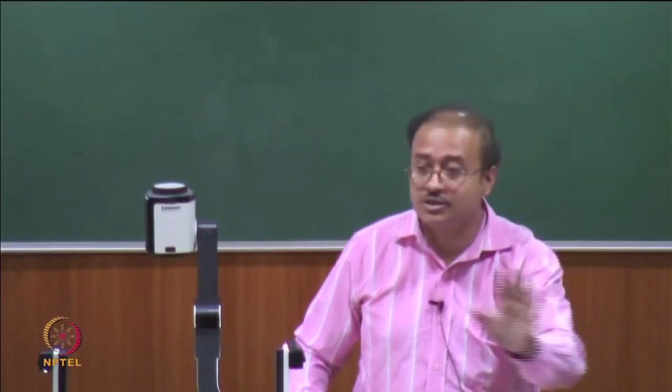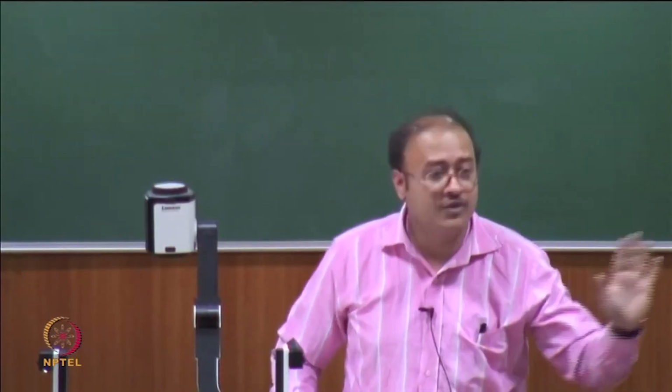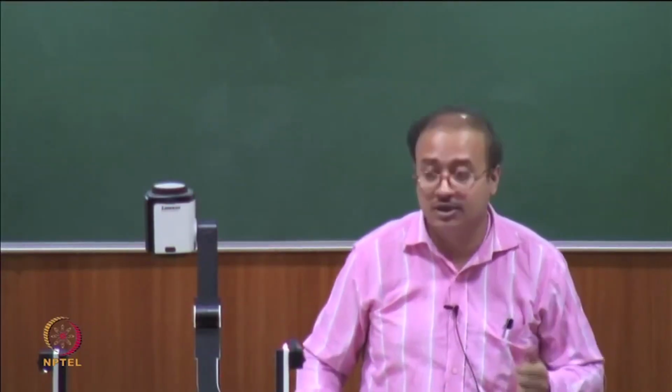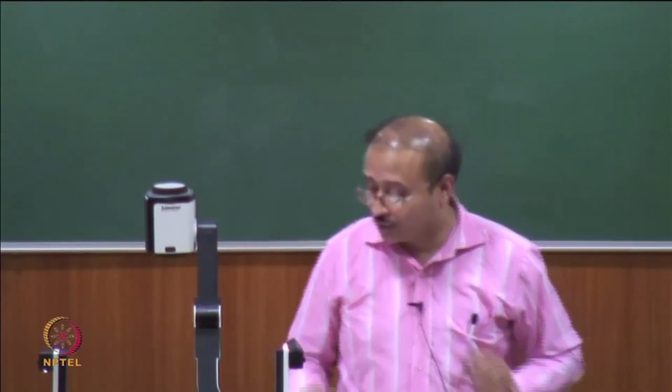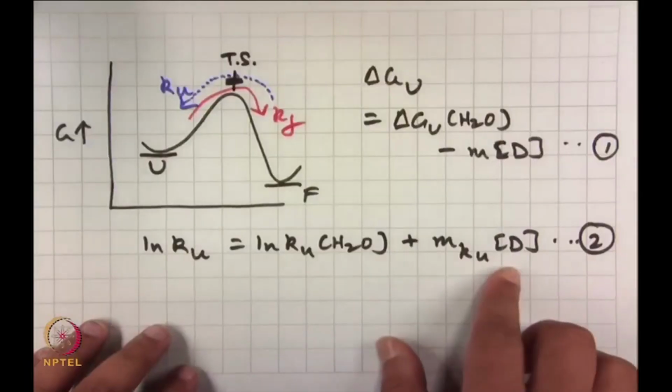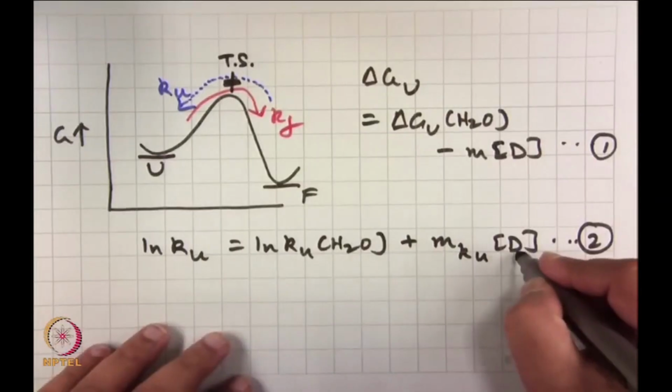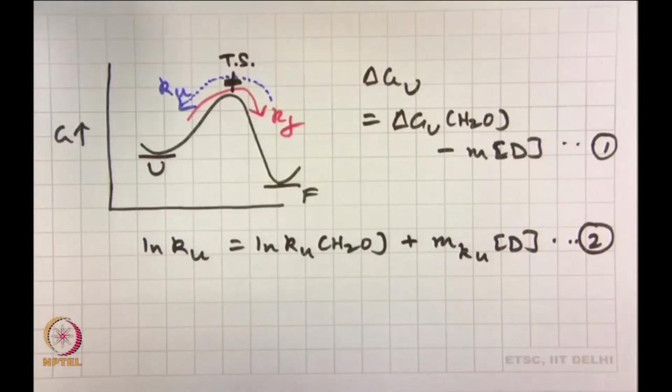Now, this is just by sheer logic, and obviously people found that it was valid experimentally, and that is what you also saw in the previous slide. I will come back to that again. Okay. So, what it means is that the more I increase the denaturant concentration d, the higher my unfolding rate constant would become, or unfolding would become faster, because I am pushing the protein more and more towards the unfolded state, and it becomes easy for me to denature it, right.